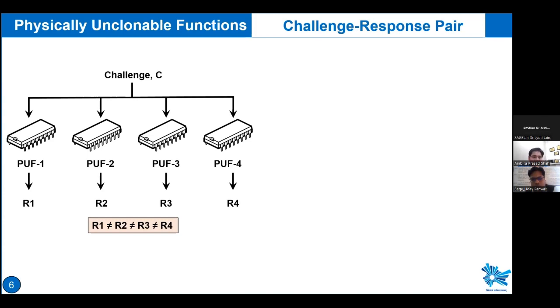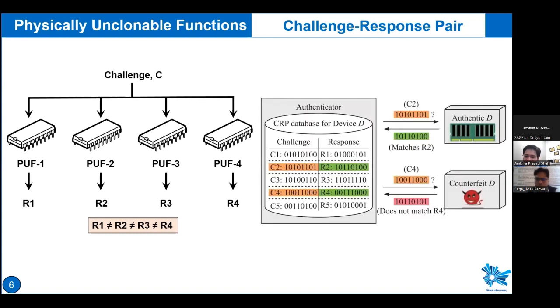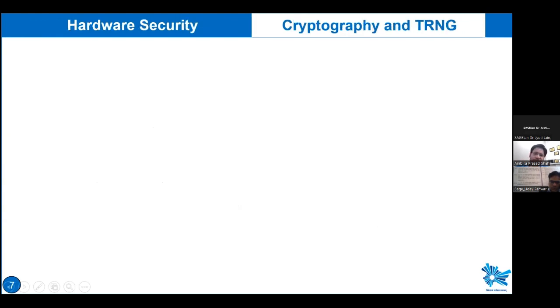For each IC, you will get different responses, a different key, and this becomes the fingerprint of that IC. If the challenge and response pairs match, then we can say it is authentic. If they do not match, in that case you can say it is a counterfeit IC. This is the important thing.